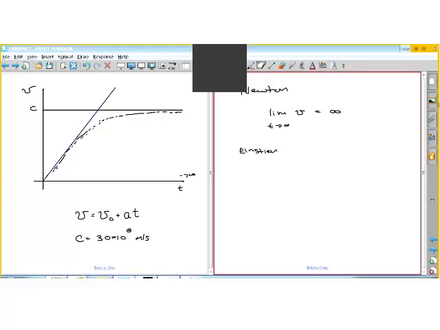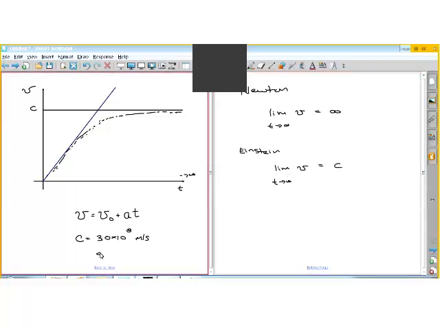No, actually the other way around. I was trying to go I before E except after C, but apparently that's not true for Einstein. So for Einstein, the limit of the speed as t approaches infinity is equal to c, where c is the speed of light.